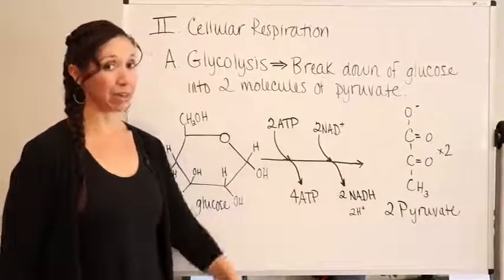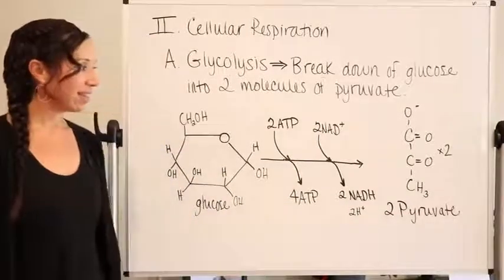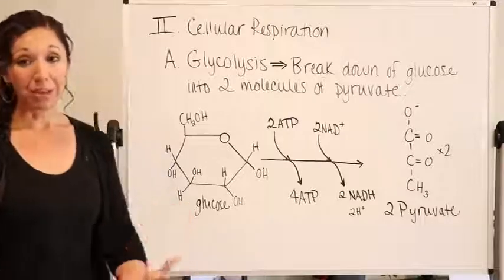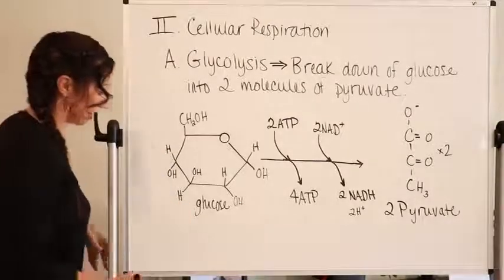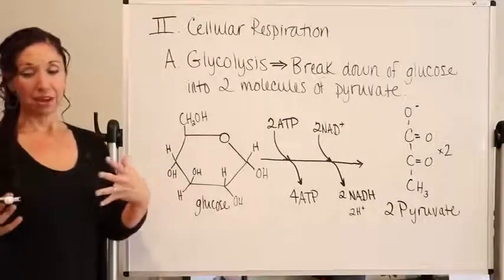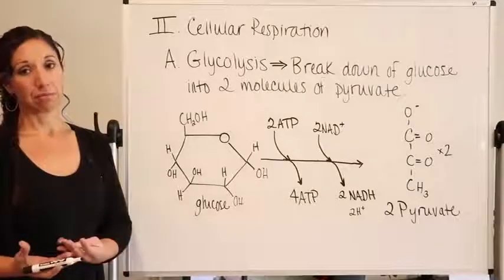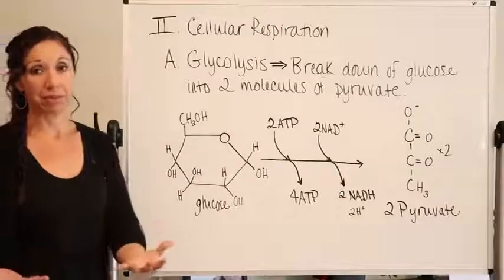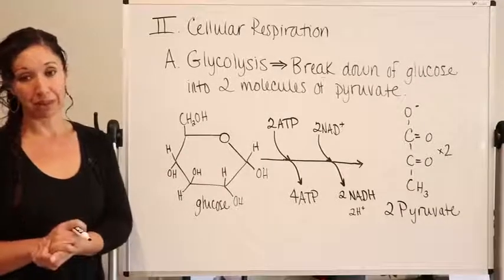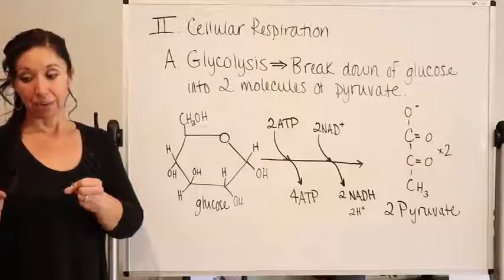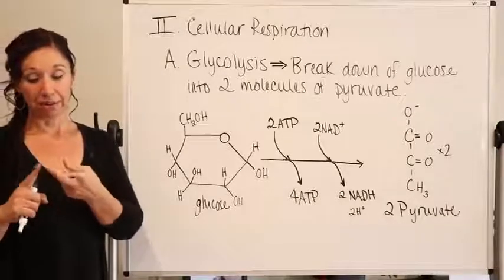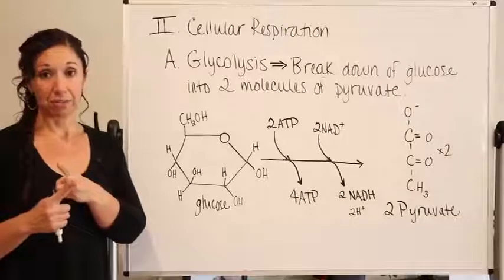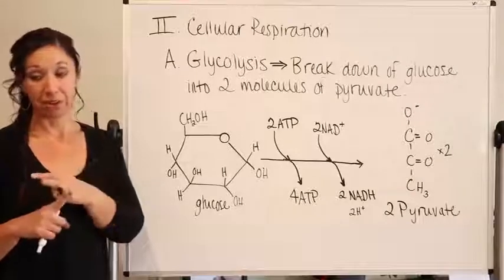Throughout the process we made a little bit of energy. Nothing too major. So what I want you to know at the end of this whole thing, the overall yield from glycolysis is that we're going to get 2 pyruvate, 2 NADH plus 2 H pluses, and 2 ATP.